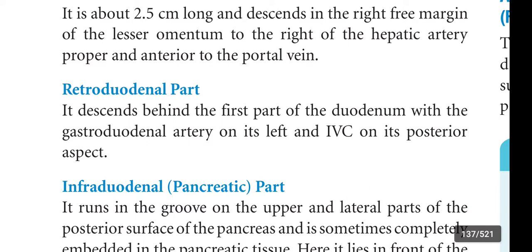On the left side the gastroduodenal artery is present, on the back side the inferior vena cava is present.